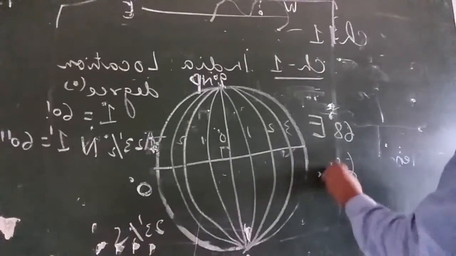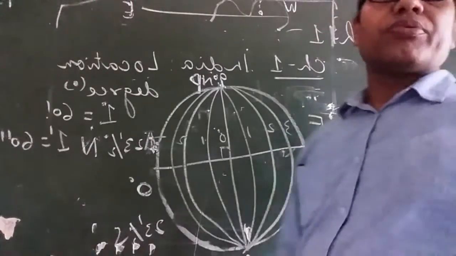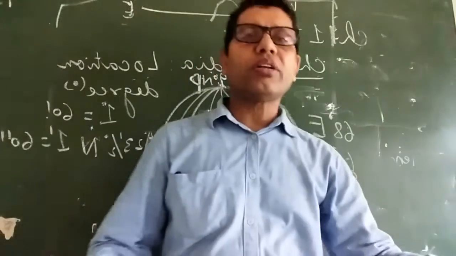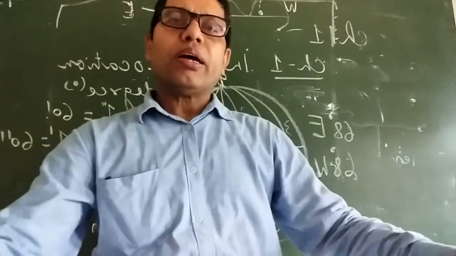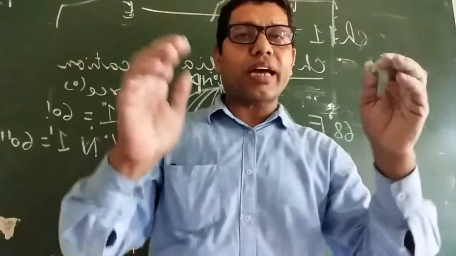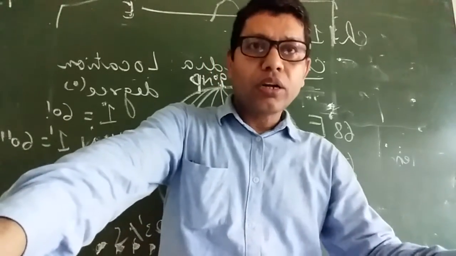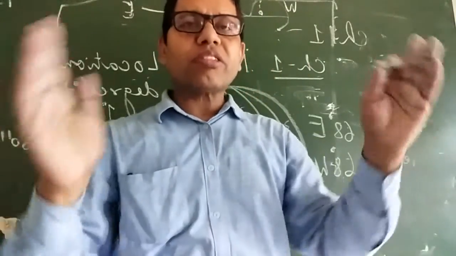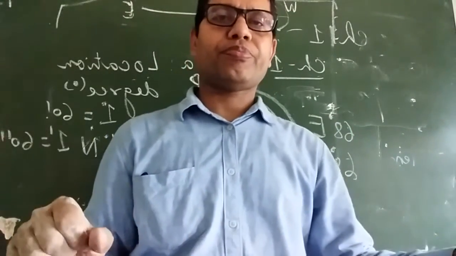And when we talk about western longitude, we write W, that means west. Actually, longitude helps us in the determination of time, and in the world the time scale is made with the help of longitude only.